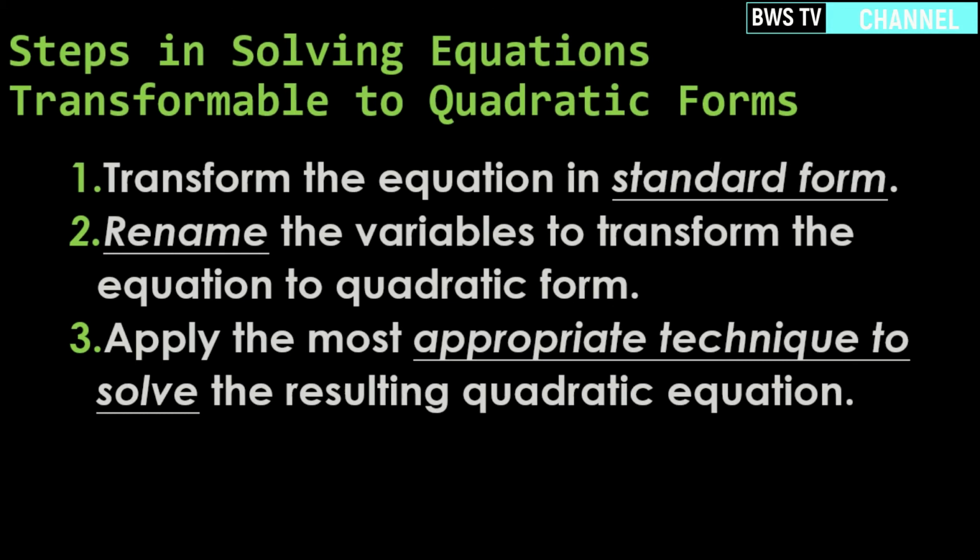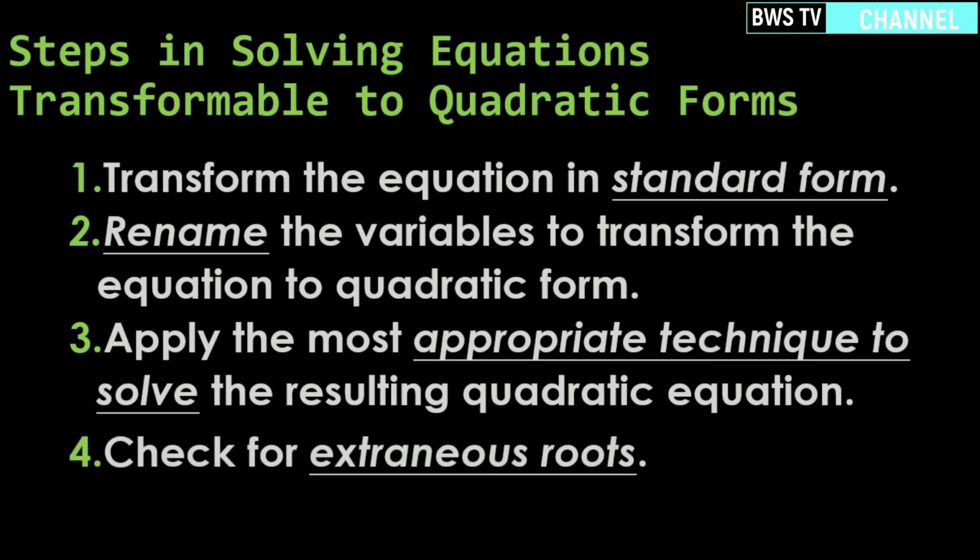And lastly, you need to check for extraneous roots. When we say extraneous roots, that means those values of x that will not satisfy the original equation. That means when we substitute the values of x after we get them, there will always be 2 values of x, so we will test them.